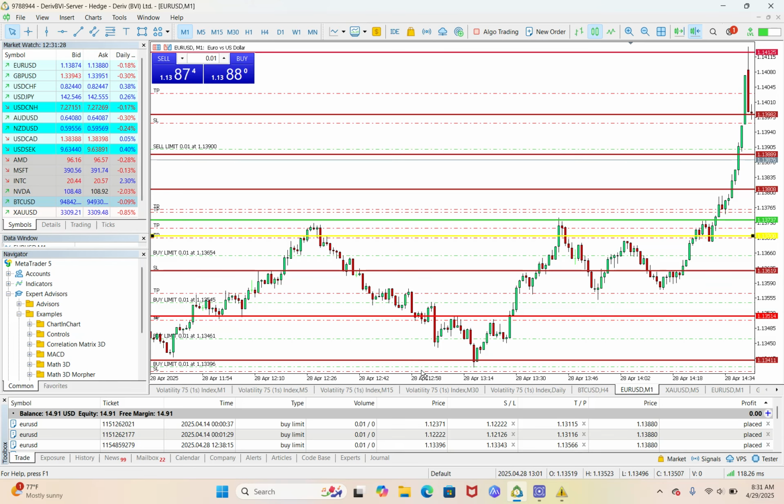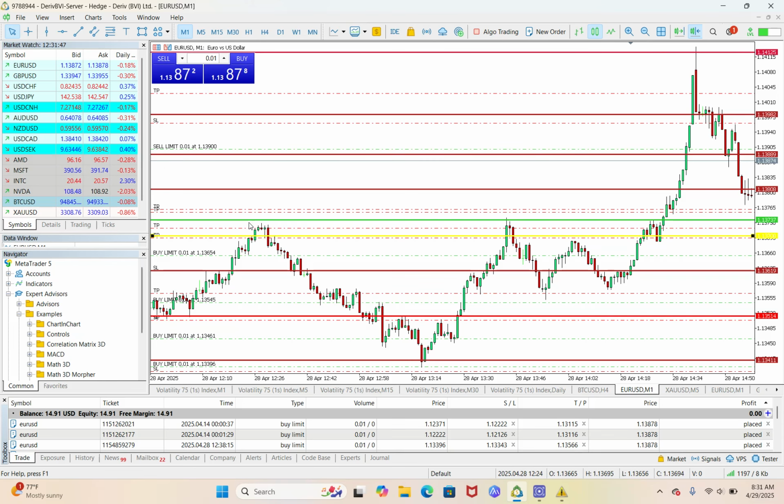Market pushed down, sellers were in control, right? Market came back into this area. Sellers pushed the market down again, right? Buyers came into the market, intersecting the area where sellers were in control 2 times, right?